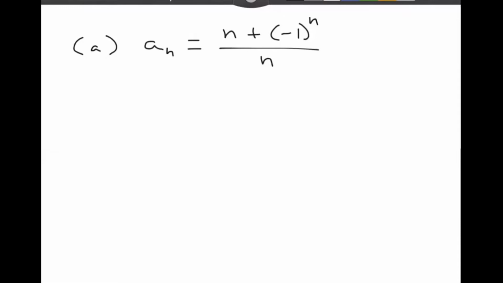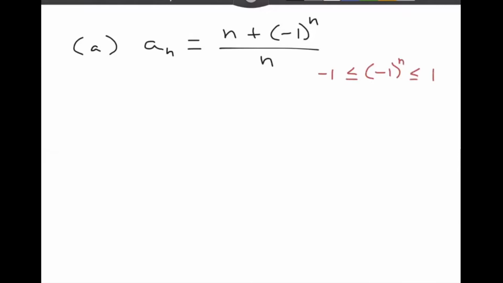All right, so letter A here, it turns out, is a great excuse to use the sandwich theorem. Notice that the number -1 to the n is always either 1 or -1. So that means that it has to be between -1 and 1.